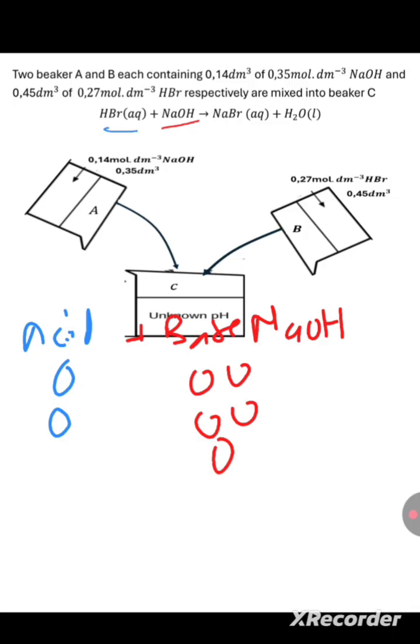Then the NaOH has this number of particles. If you mix these two, this is an acid and this is a base. What will happen is that these particles will fight each other, will neutralize each other. And then this particle here and this particle, they will fight each other.